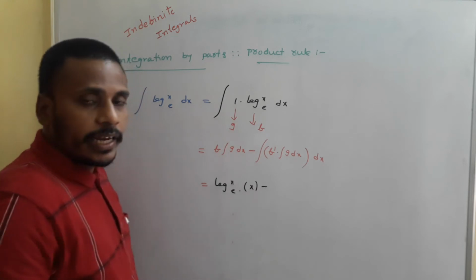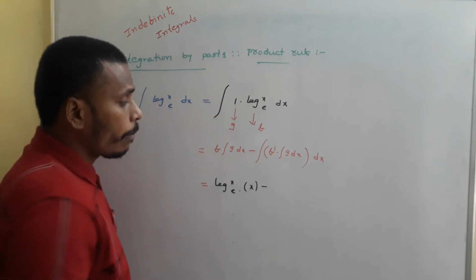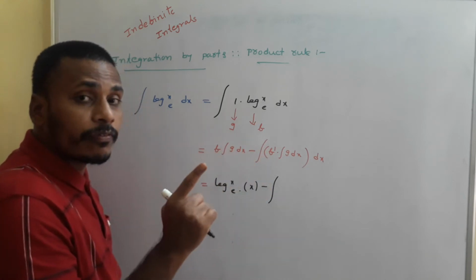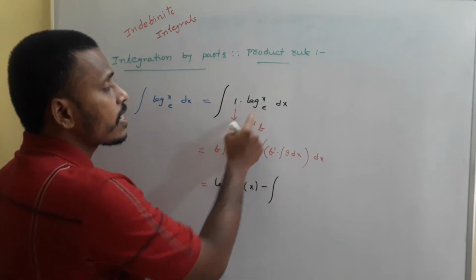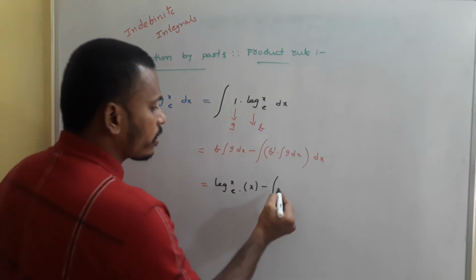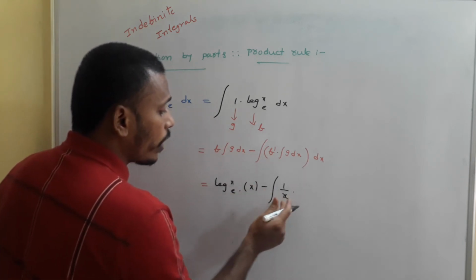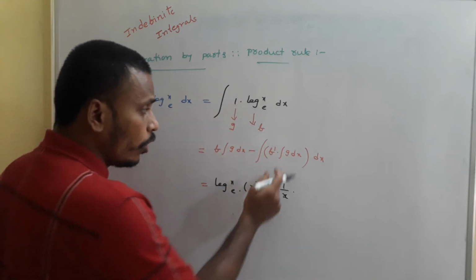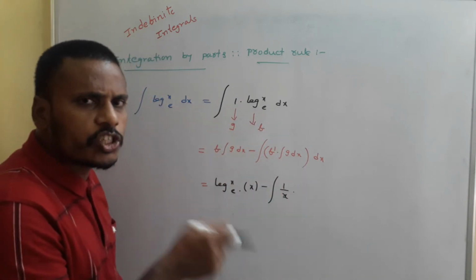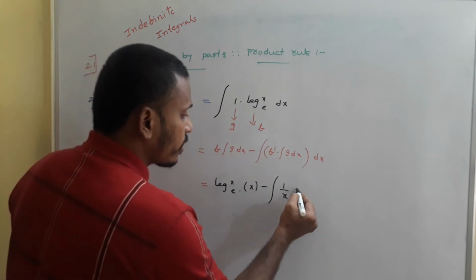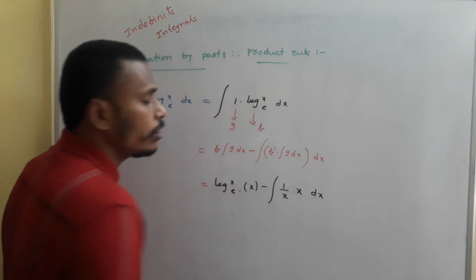Directly I am writing the integration of 1 is x, right? Minus the integration of f dash. What is f? f is log x, and what is its derivative? The derivative of log x is 1 by x. So directly I am writing 1 by x. Why is it 1 by x? Because it is the derivative of f, which is log x, into the integral of g. What is g? g is 1. What is the integration of 1? It is x, and the whole thing is into dx.